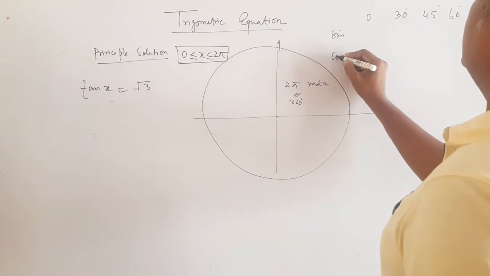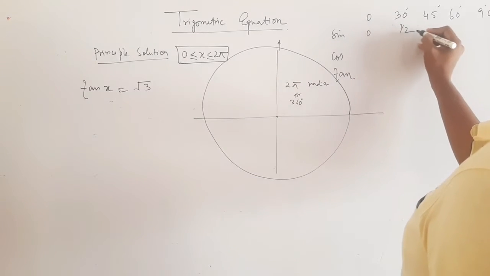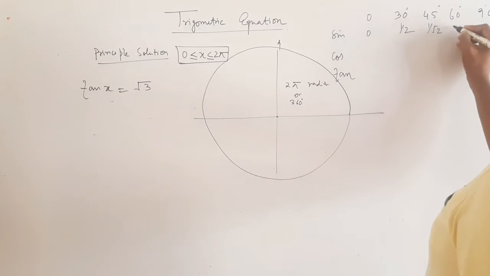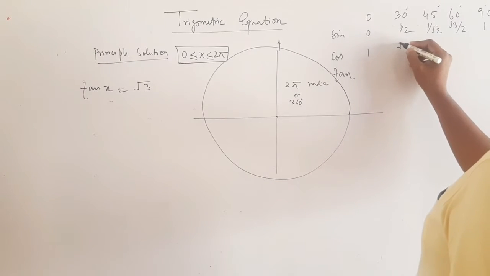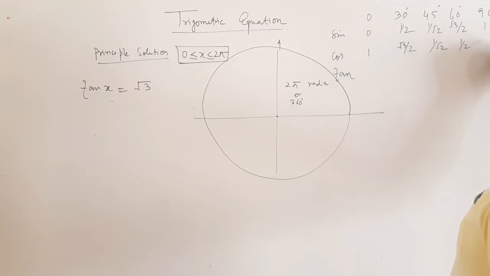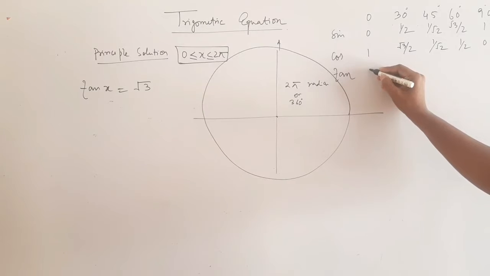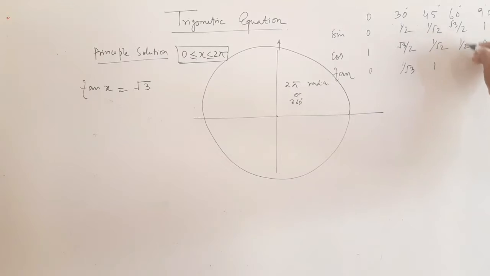We have sine: 0, 1 over 2, 1 over root 2, root 3 over 2, 1. Cos: 1, root 3 over 2, 1 over root 2, 1 over 2 and 0. And tan is sine over cos, so 0 over 1 is 0, then 1 over root 3, then 1, then root 3, and this is undefined.